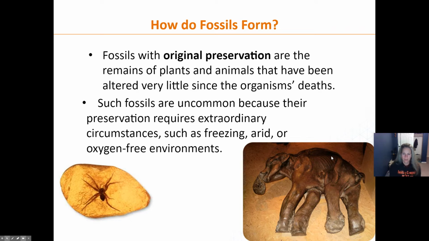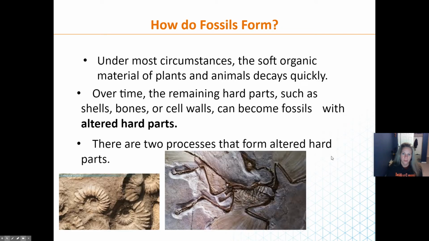So this animal froze, or it was in an oxygen-free environment. That can occur if it's frozen, if it's in tar or in amber, like the picture on the left, and also if it's in a swampy area, which could be oxygen free as well. All right, and then we can see there's altered parts.